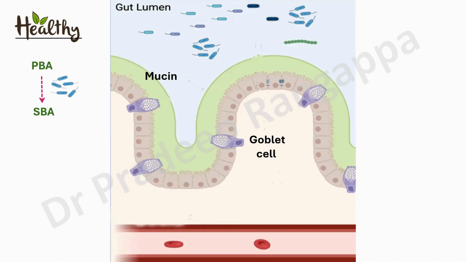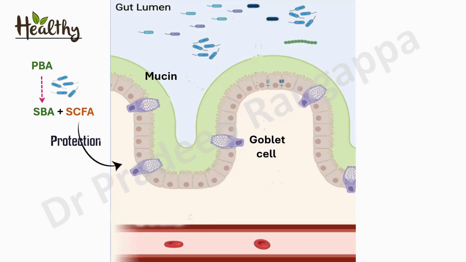This secondary bile acids, along with short chain fatty acids, are quintessential for protection of the gut mucosa, mainly the goblet cell. So the goblet cell integrity is maintained by short chain fatty acids along with the secondary bile acids, derived from primary biliary acids through conversion mediated by the anaerobic bacteria. This is what is happening in the gut, and this is considered a healthy gut.